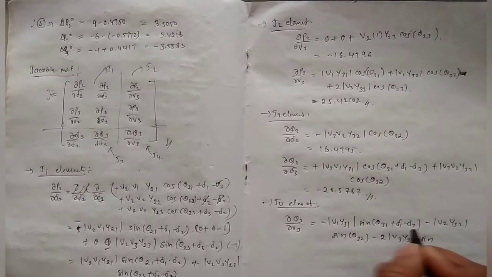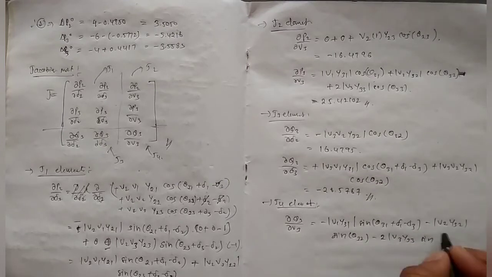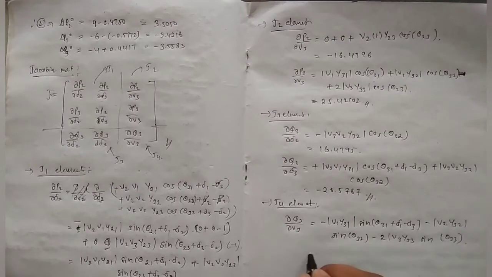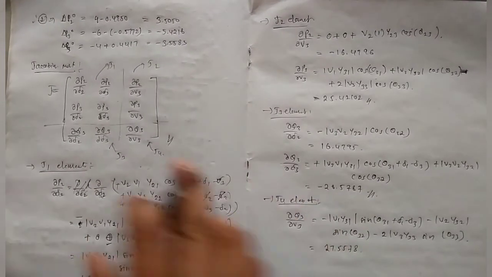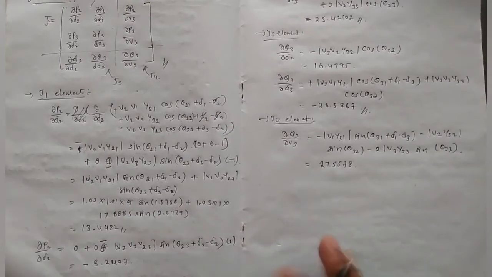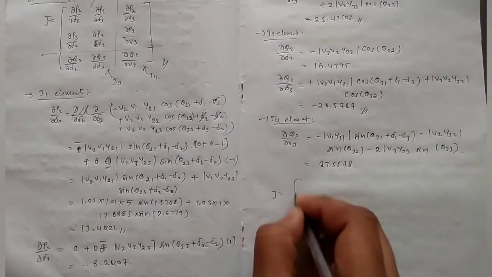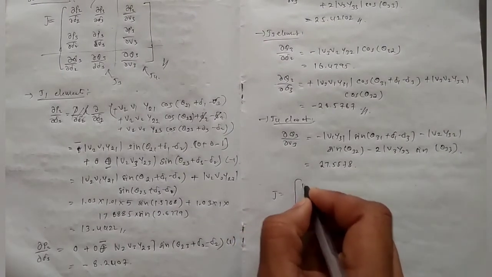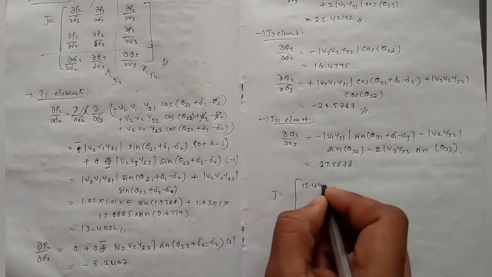These delta 1 and delta 3 are always 0, remember. After substituting all those values you'll get 27.577. Therefore finally we need to write the Jacobian matrix as J is equal to, substituting all those values, 13.4422 we will get.